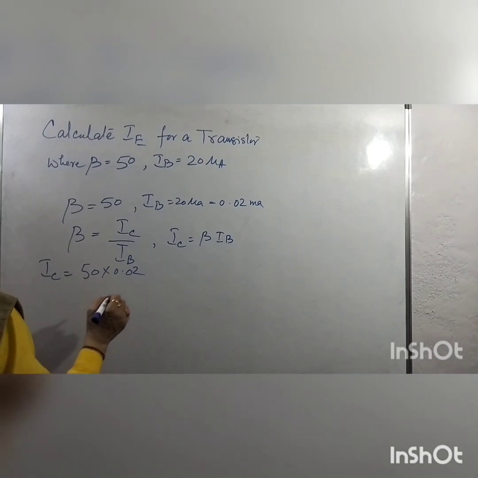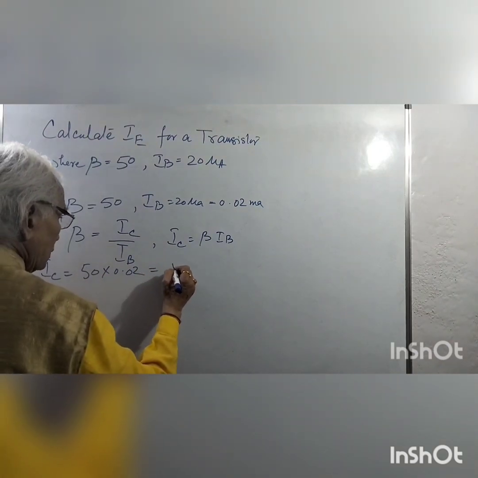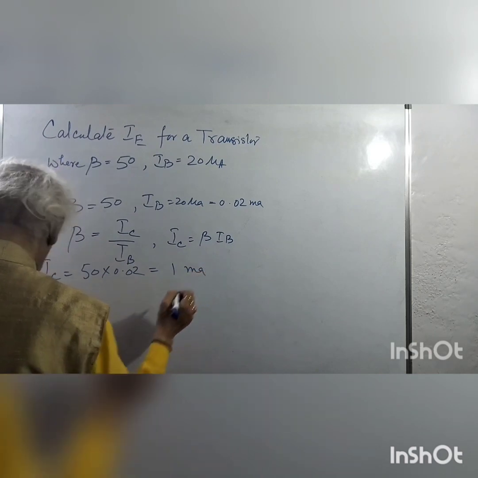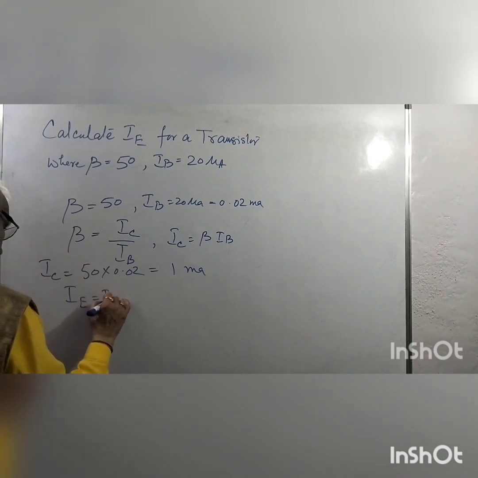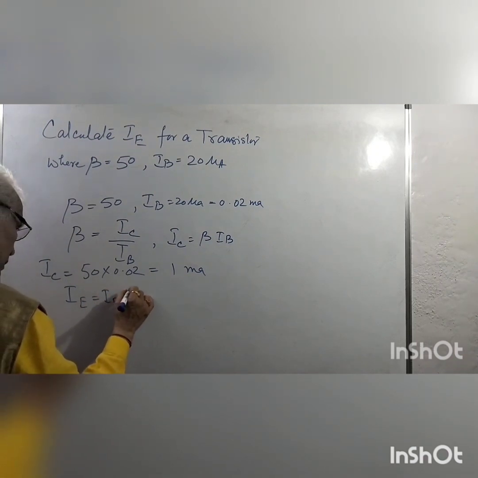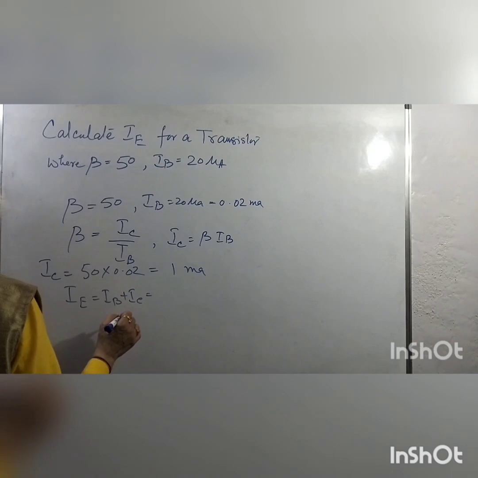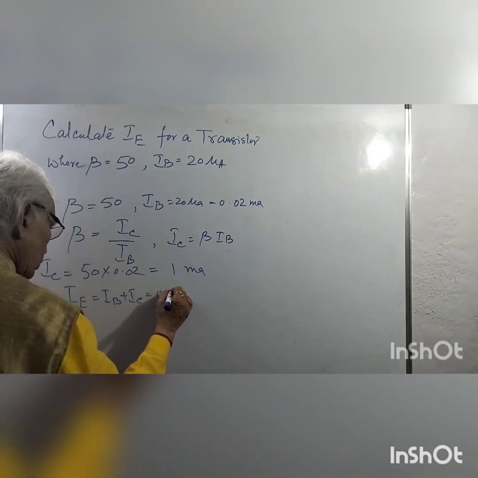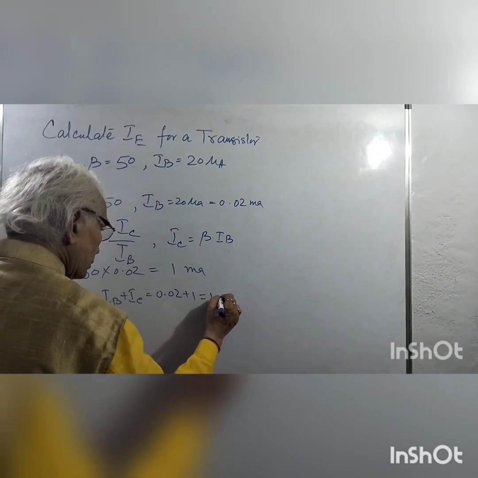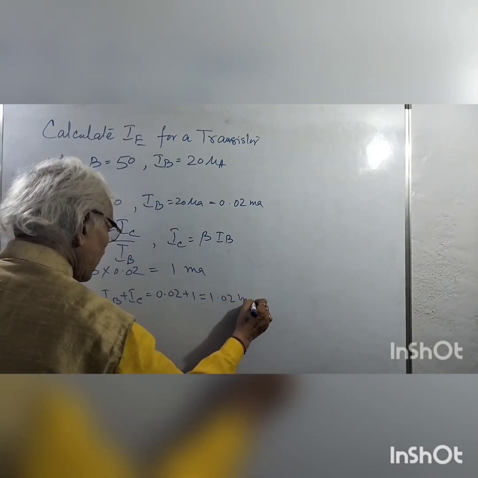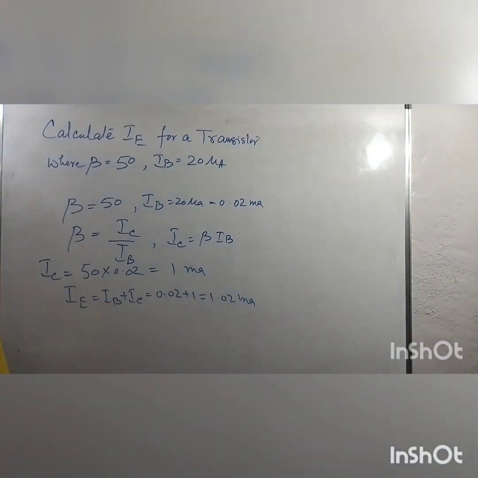That is, IC is 1 milliampere. Now IE is IB plus IC. So that is, you add these two, 0.02 plus 1. So that is 1.02 milliampere. Like this you can solve, you can have examples.